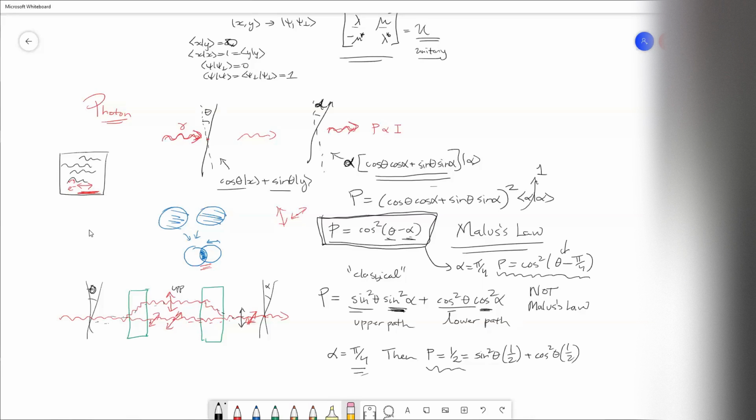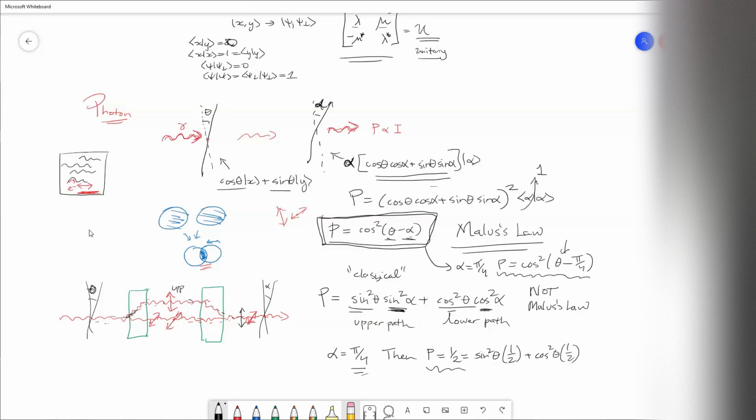And so you just get completely different behavior when thinking about the photon as a particle that can travel through these two different paths, versus what actually happens, which is that the photon travels along both of these paths.